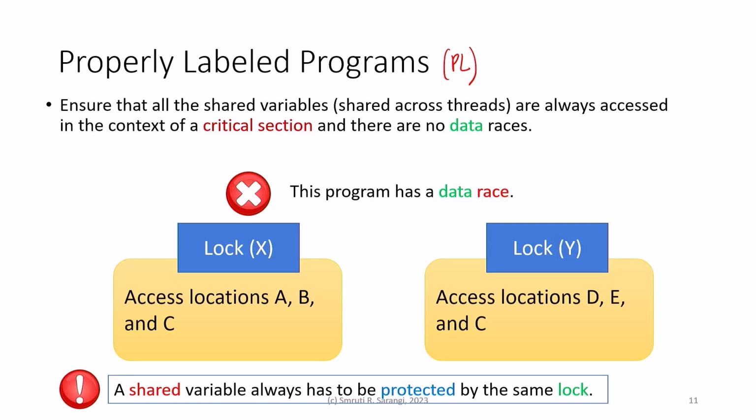Think about the practicality of this definition. Let us say you are writing some code. It may be running on an Intel processor today. Maybe you want to run it on a Mac, which is an ARM processor. Maybe later on you want to run it on RISC-V. It should not be the case that there is no data race on Intel, but there is a data race on RISC-V.